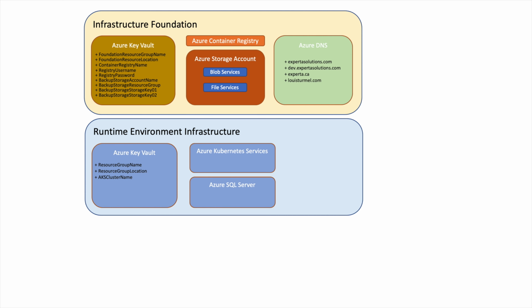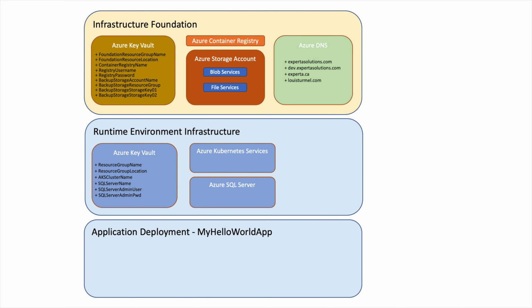And then for sure, by environment, I have a SQL server where I also keep the secret inside the environment key vault. So I have my Hello World application that I want to deploy somewhere, but I don't know where. When I release my application, I have a mechanism that pulls the value from the key vault and then knows where to deploy it.